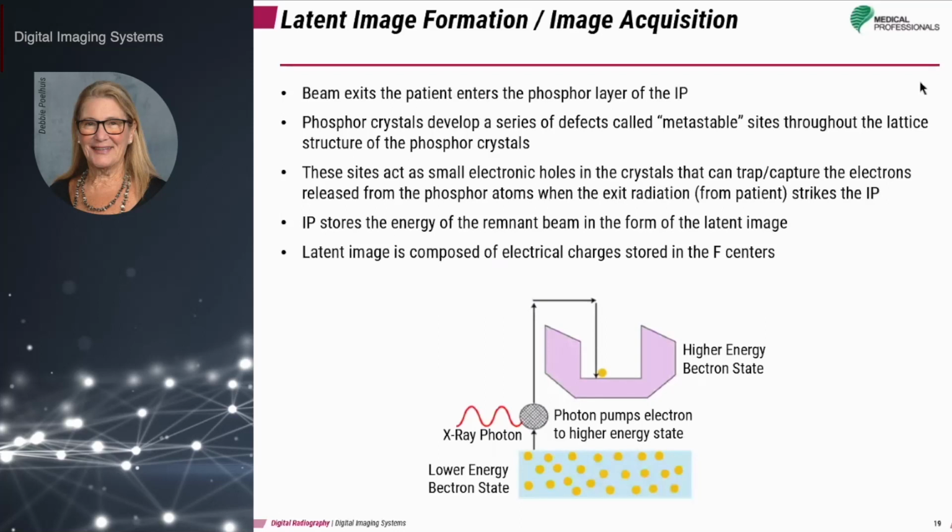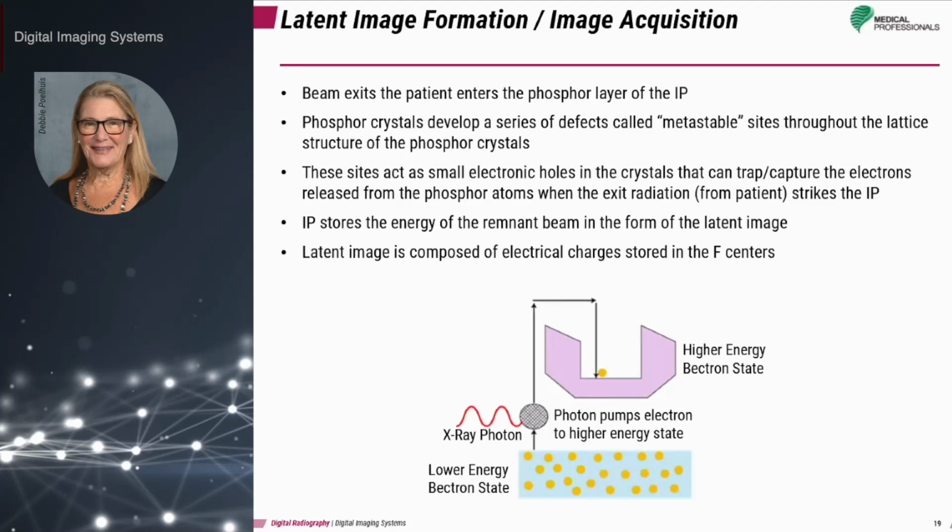Following X-ray exposure, the remnant beam exits the patient and interacts with the electrons in the phosphor of the imaging plate. This results in an energy transfer. This transfer of energy causes excitation of the electrons into a metastable state. Some of the electrons return to their ground state and emit a blue-violet light.